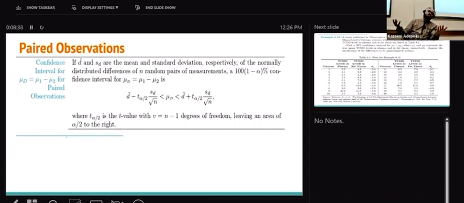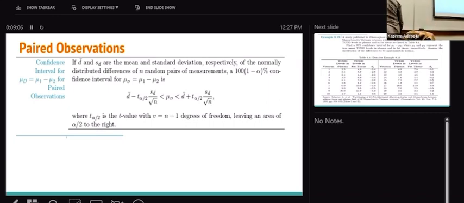When I say two populations, I mean two independent groups. Scenario number one: do we have the population variances or population standard deviations for the two populations? If we do, we're going to use a z-score.